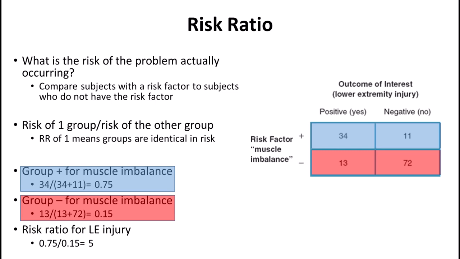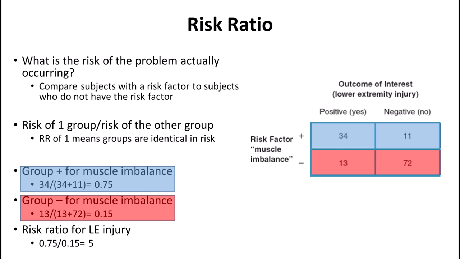But you also had 11 individuals who were negative for lower extremity injury, but still had muscle imbalance. Shown in the red underneath this are the 13 individuals without muscle imbalance that actually encountered lower extremity injury, compared to 72 individuals who didn't get lower extremity injury and did not have muscle imbalance.